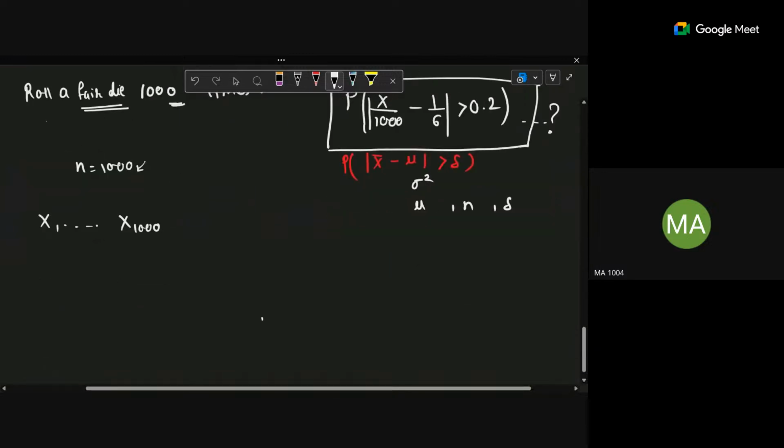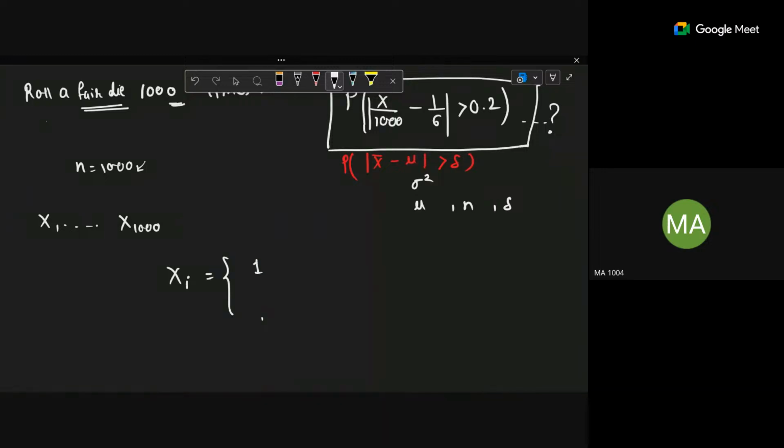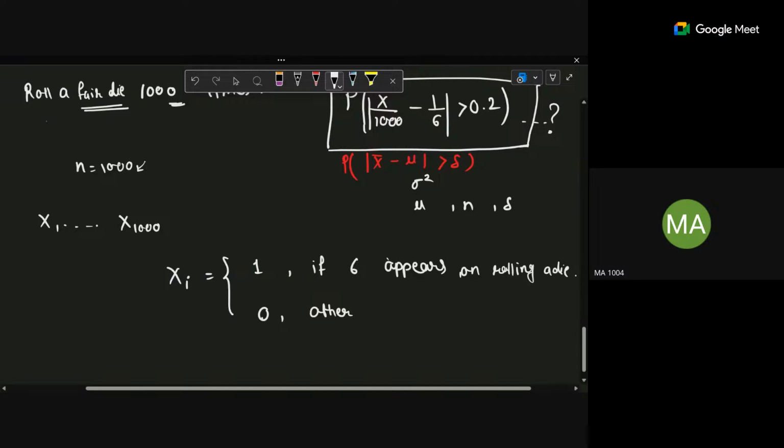So now I will define a random variable xi, which will give me 1 if a 6 appears on rolling a die, and 0 otherwise.